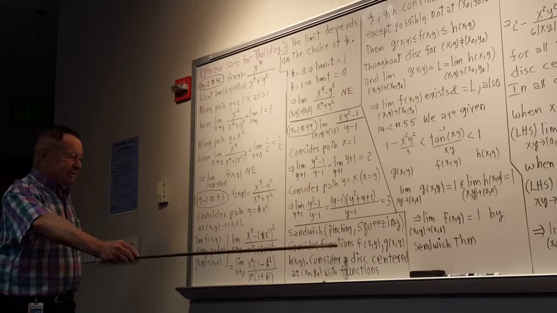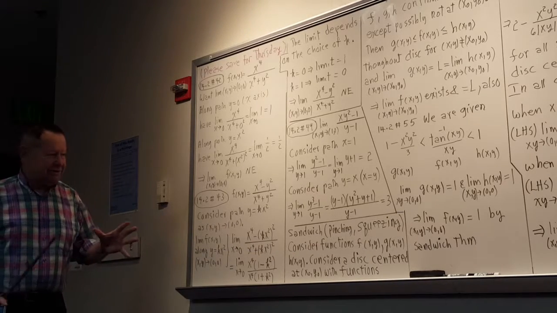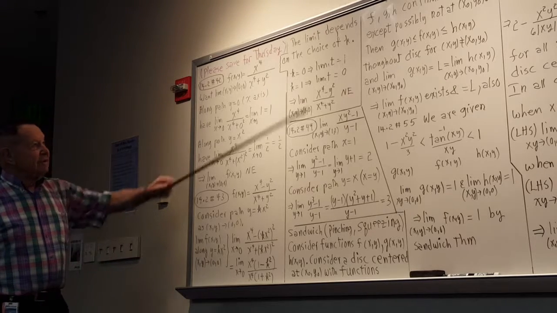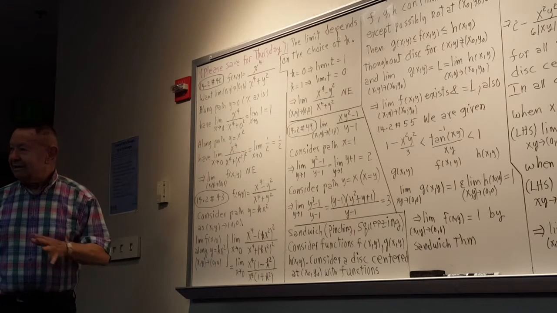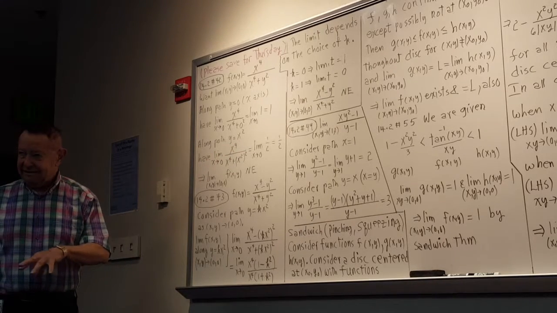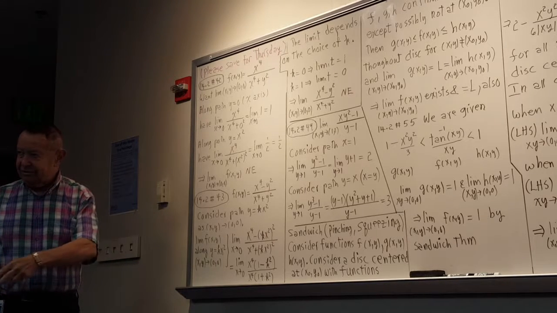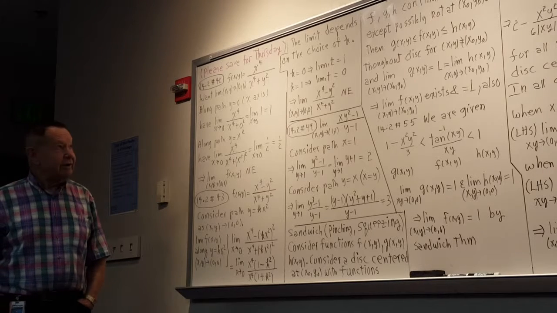So consider a couple of, well, 3 functions. You're going to squeeze the function f with the functions g and h. And it's the same idea as in Math 170, except now they're functions of 2 variables instead of 1 variable.